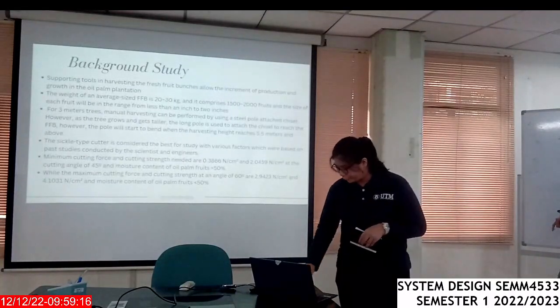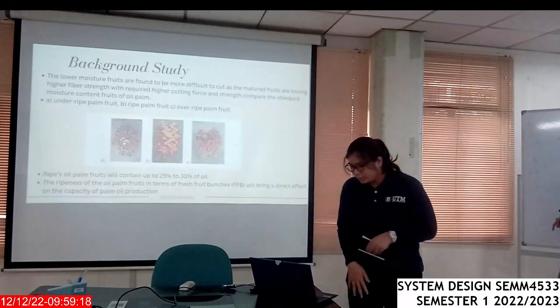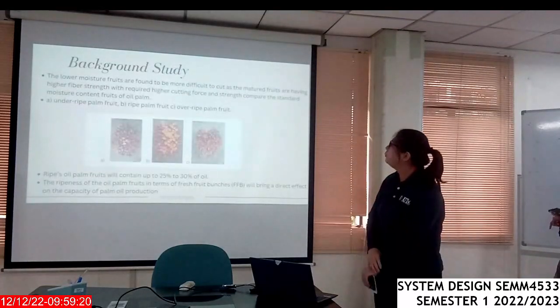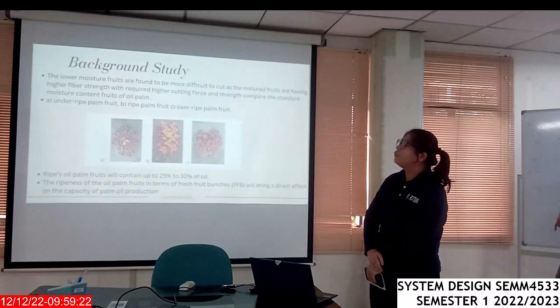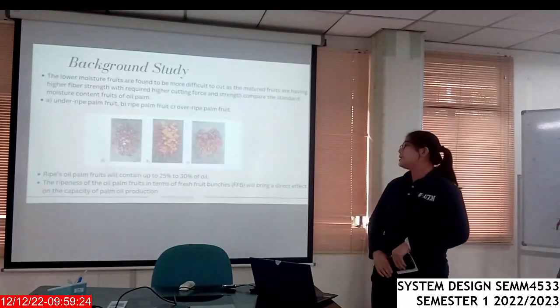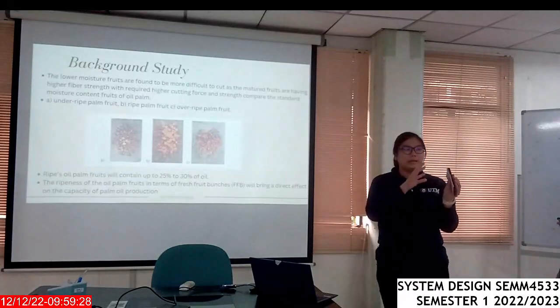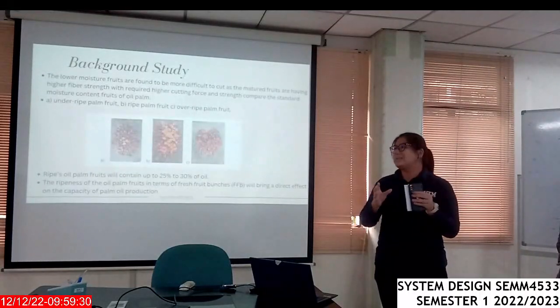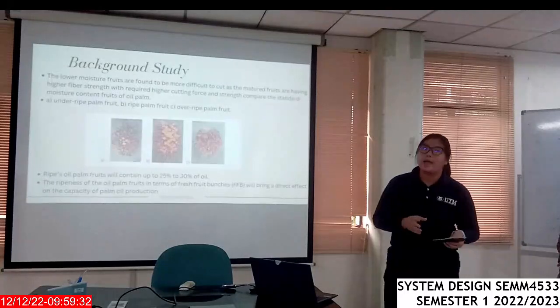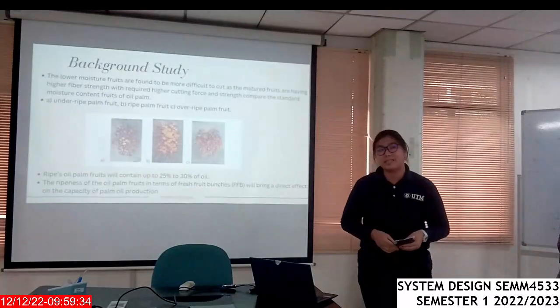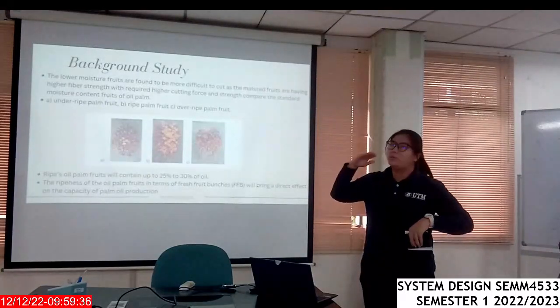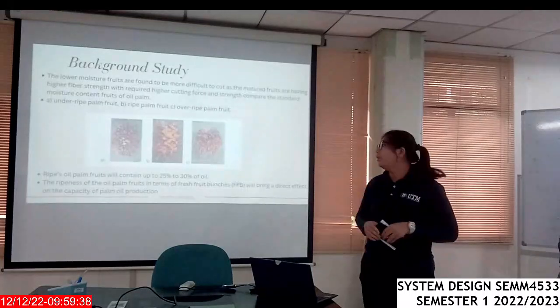So next, talk about the fruit. Fruit with lower moisture is more difficult to cut, as I mentioned just now, because when the fruit has less moisture content, it has higher fiber strength inside. So we need higher force to cut it.